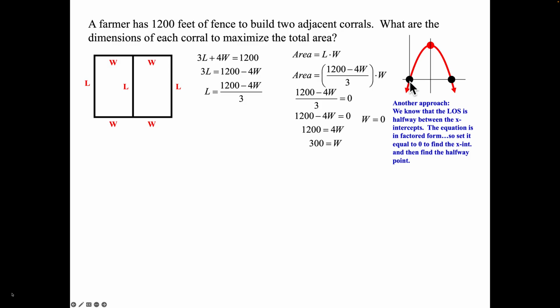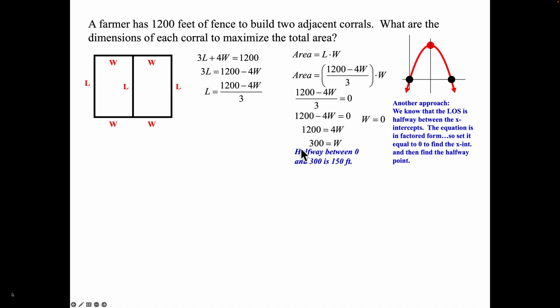Now that means this is 0, this is 300. So this x, or in case w, has to be halfway between 0 and 300, which is automatically 150 feet. So that gives me now the x-coordinate of the vertex, or in this case w.